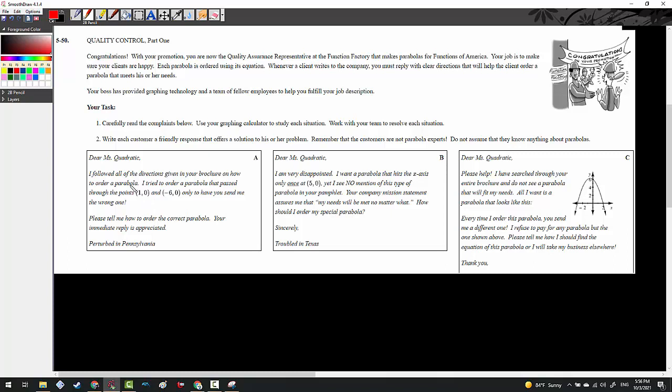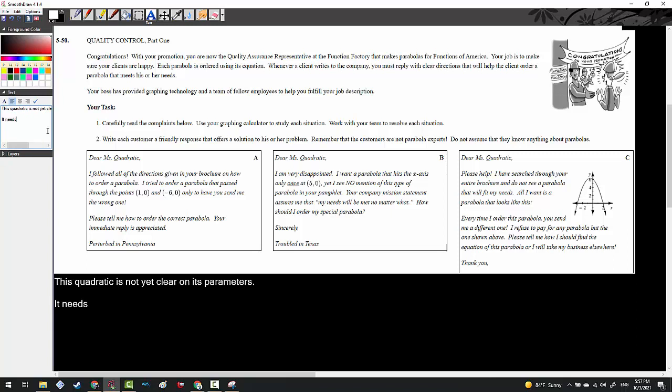So right now, it looks like this Pennsylvania person has a problem. This person doesn't have enough information to order the correct parabola because we need a third point. And so I would just write that down. I would say this quadratic is not yet clear on its parameters.